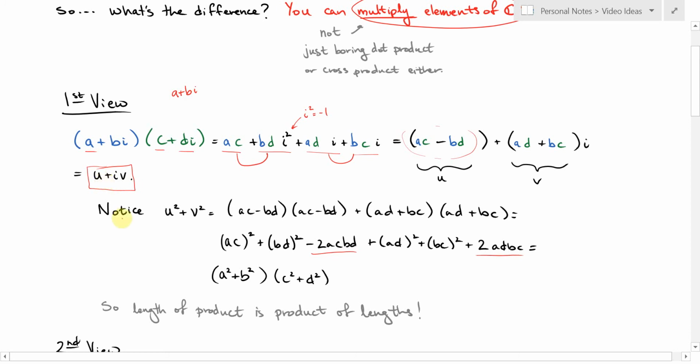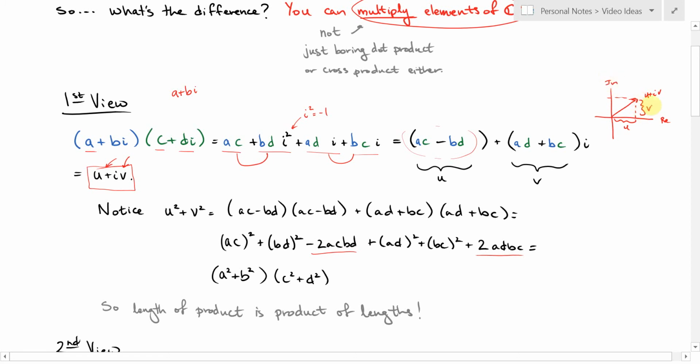And one thing to notice is that if you actually take u squared plus v squared, that's the square of the norm of this complex number. So our complex number is u plus iv. That means that on the real axis here, the x-axis is the real axis, there's u, and the height would be on the y-axis, which is the imaginary axis.